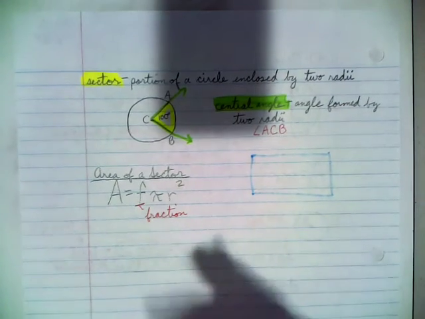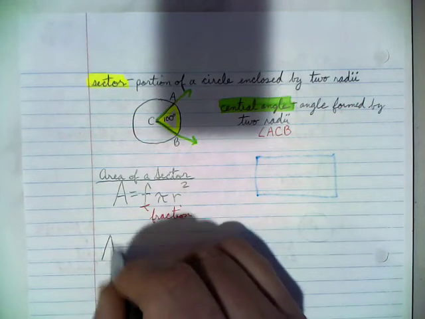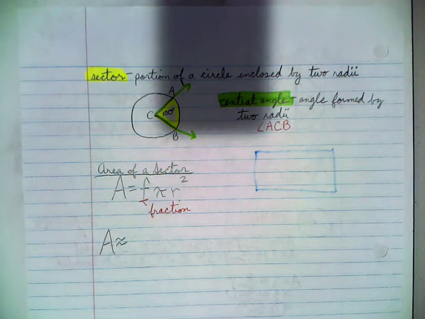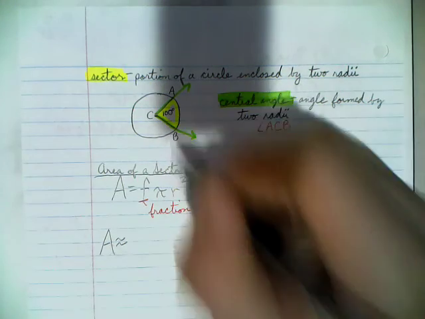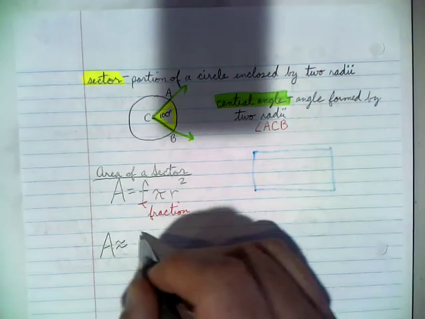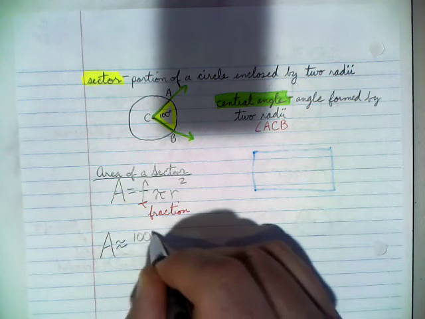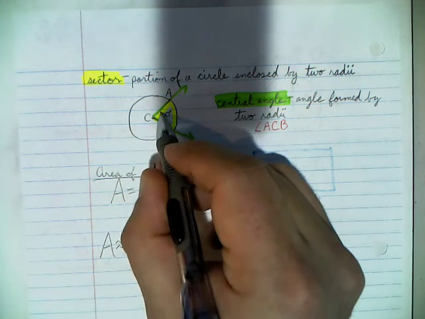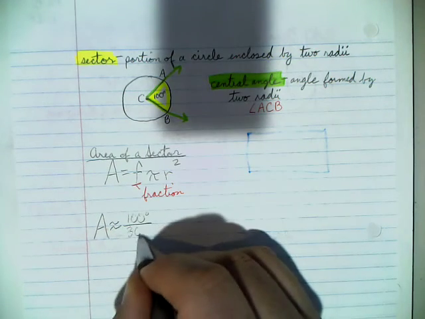So in this case then, I would say A is approximately equal to, we're not going to bother with the exact answer this time. We're just going to go with the rounded. So the fraction here, I'm going to use the fact that that central angle is 100 degrees. Because if it's 100 degrees, that's 100 degrees out of, well, how many degrees all the way around the circle? 360.